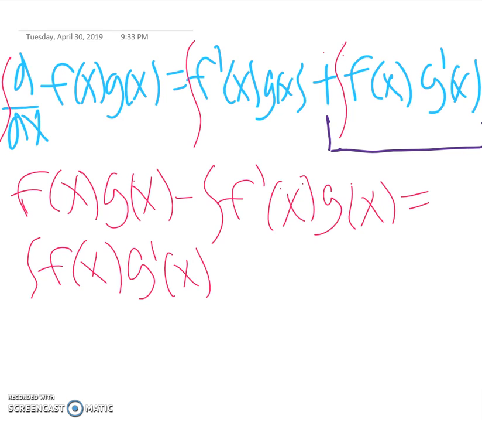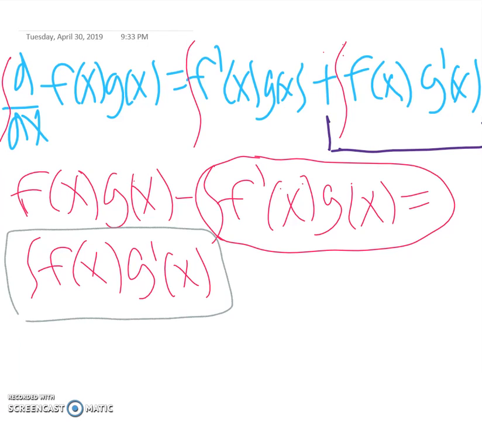So it might not look very useful when we see it at first, but our goal basically in integration by parts is, if we see a function like this, where we're trying to take the antiderivative of two different functions multiplied by each other, we're going to try to get an integral right here that we can easily integrate.